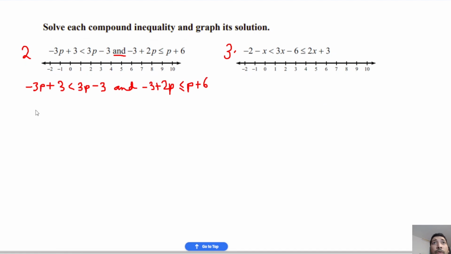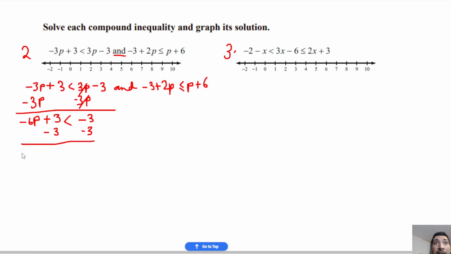So here we see that to solve this part, I just need to get this 3p onto the left side. So I subtract 3p on both sides, and I have -3p minus 3p, that is -6p, plus 3 less than this 3p cancels out, minus 3, and I take this 3 onto the right side, so subtract 3.